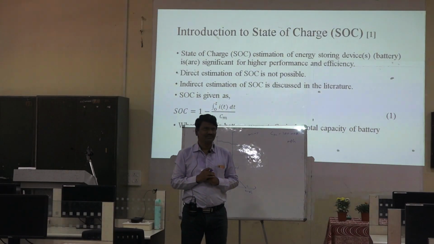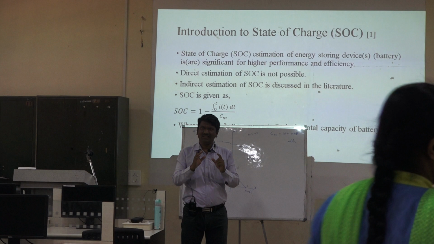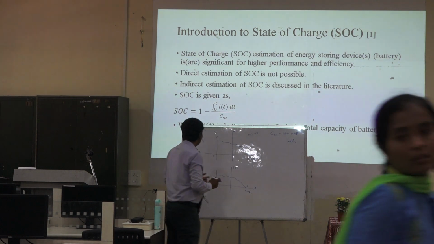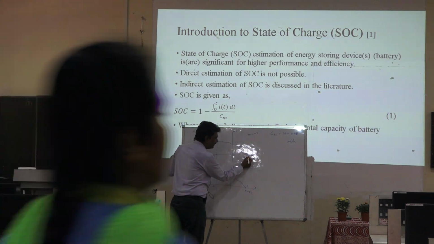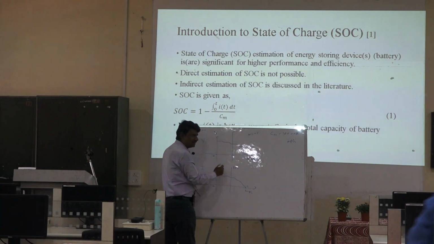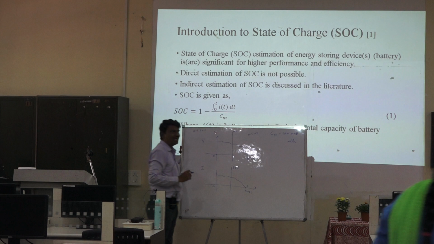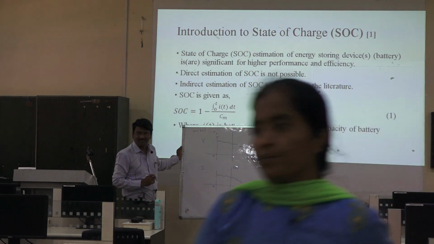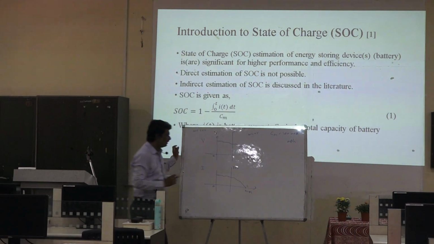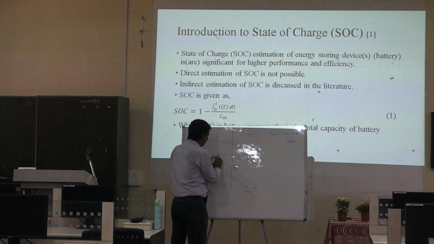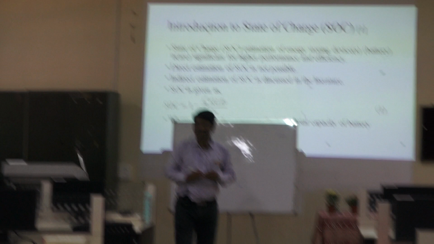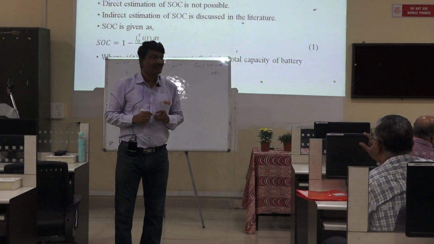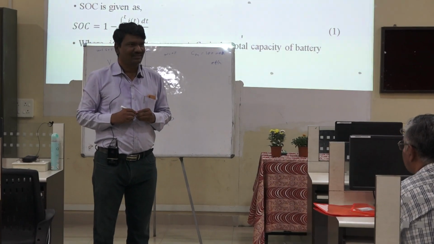Yes, anybody? Here is the OC line. At this O point, SOC is 100%. At this C point, SOC is 0%. And we are drawing one line there where the SOC is 50%. Now the question is very simple: on this OC line, where do we have this 50% line?